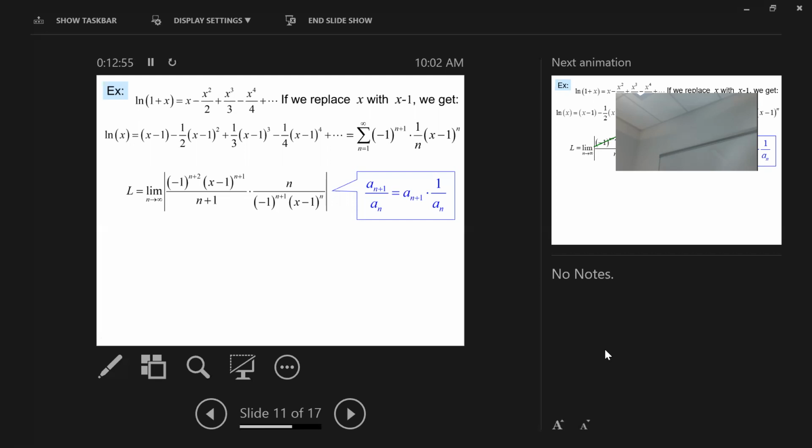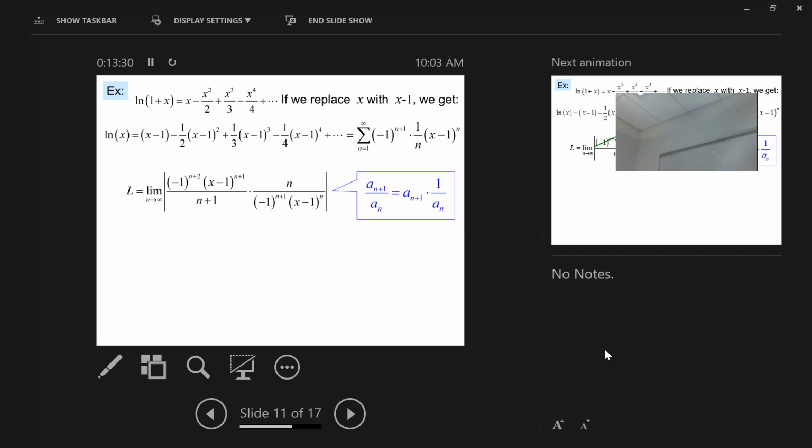And then you divide it by this. But dividing it by this, they skipped a step and said multiply by the reciprocal. Personally, I would have written it out. See, this thing is this. You have negative 1 to the n plus 1 times x take away 1 to the n over n.